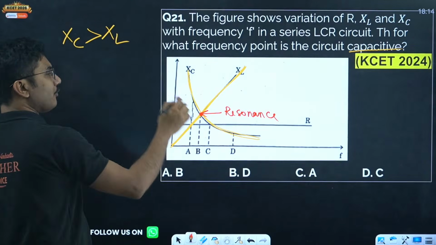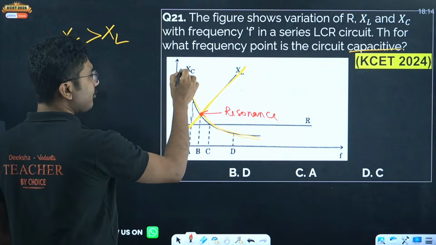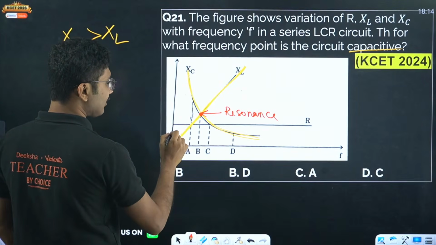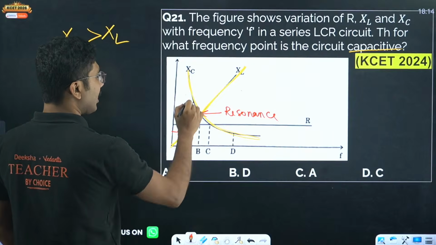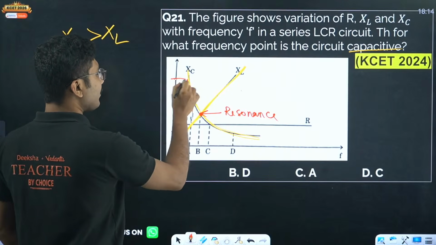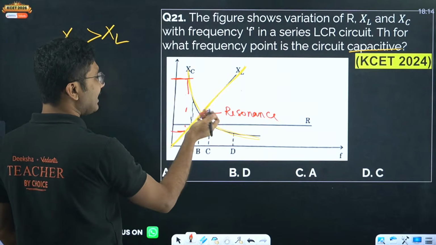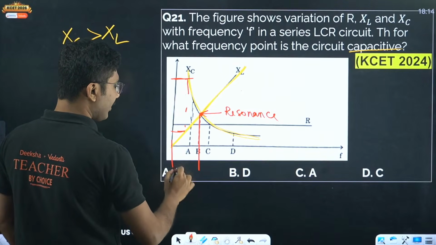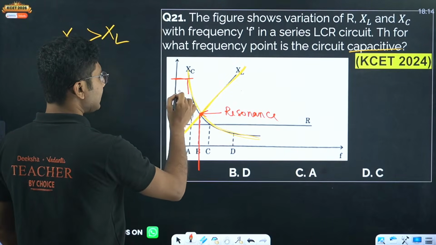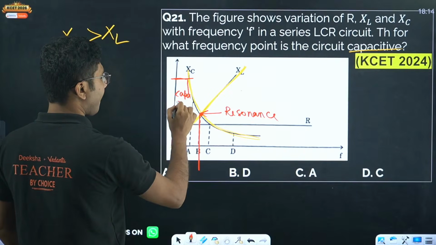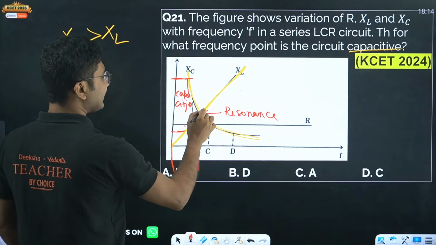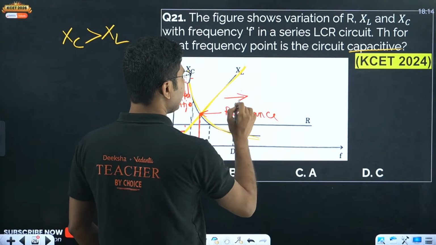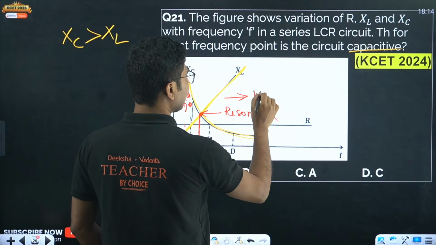Any point before this point, XC is bigger than XL. Suppose at this point XL is this value and the corresponding XC is this. So obviously XC is bigger than XL at any point before this. So this part of the graph is where the circuit is capacitive. At the crossing they are exactly equal, and any point on this part of the graph, the circuit is inductive.